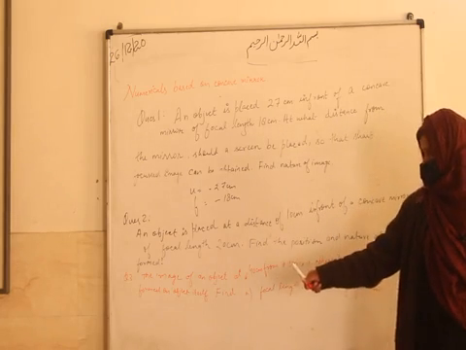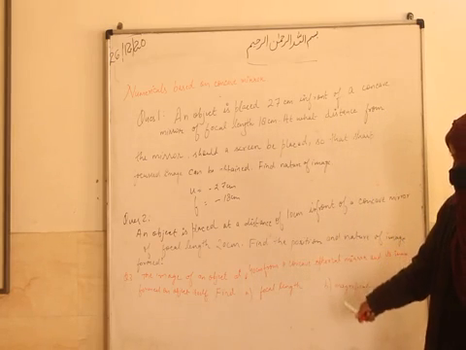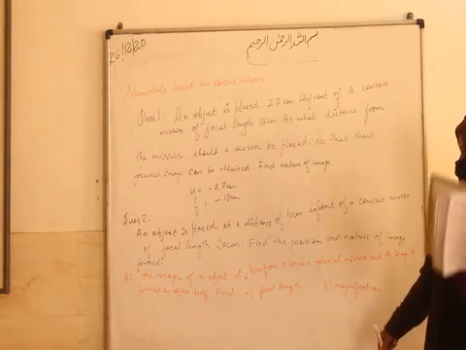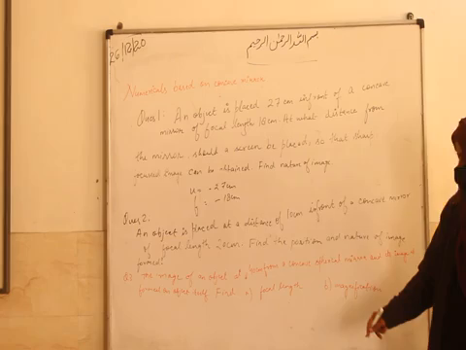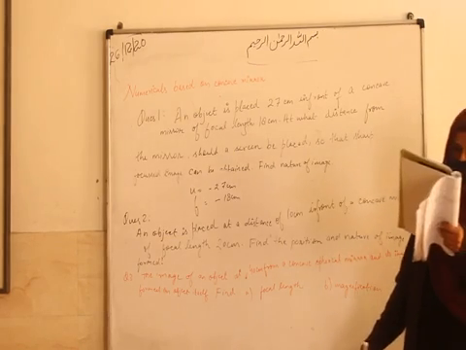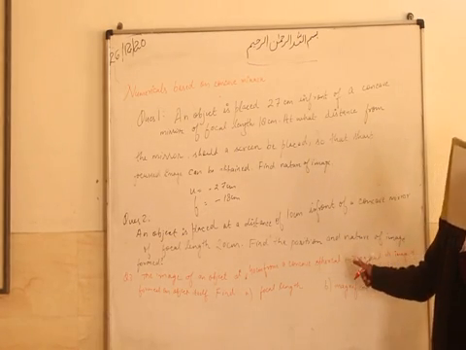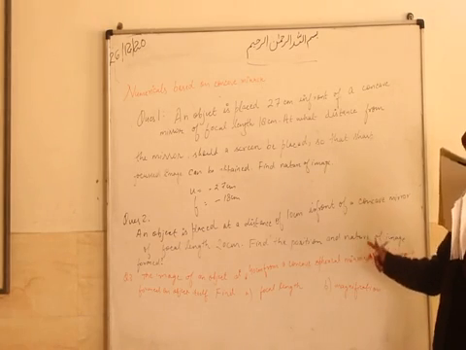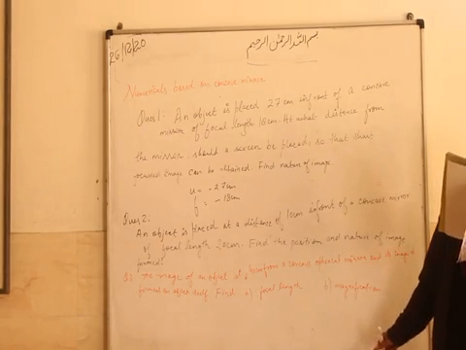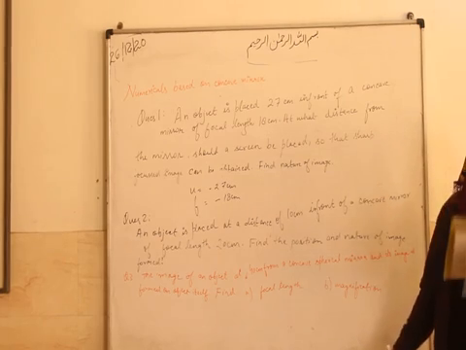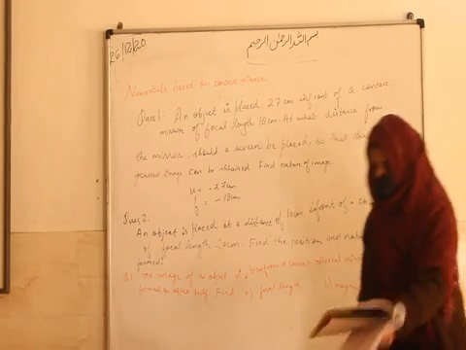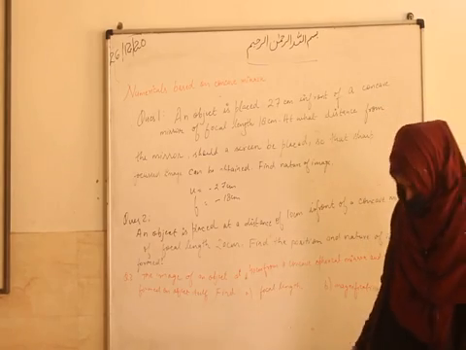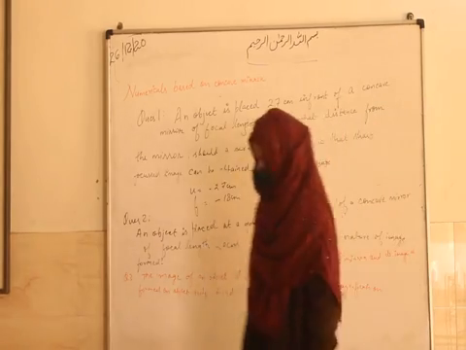So, the image of an object placed at 40 centimeter from a concave spherical mirror is formed on the object itself. Find focal length and linear magnification. Try to understand the language. All the things are given in language only.